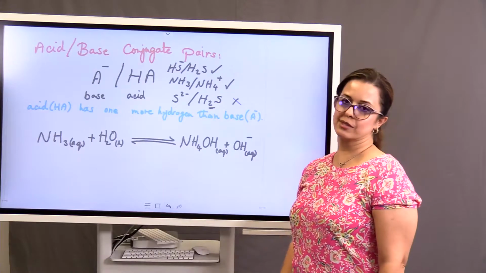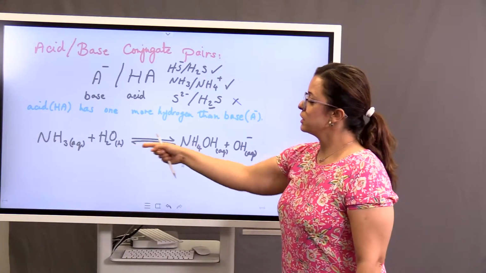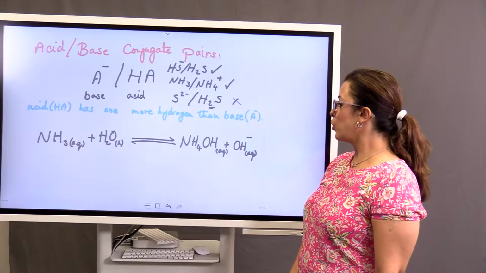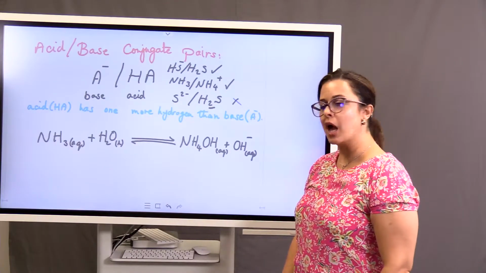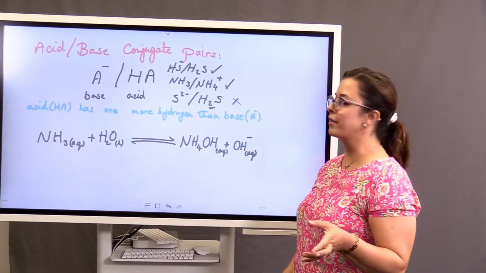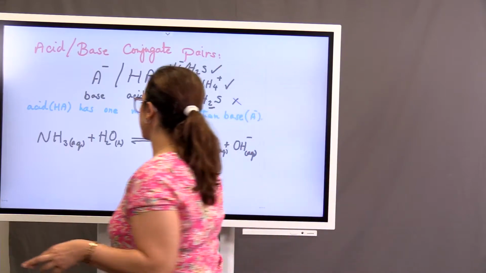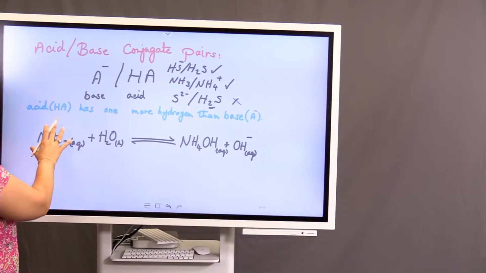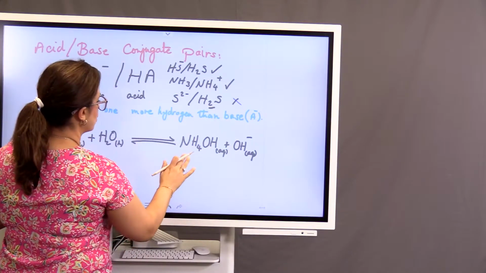Okay? Now, in questions on Bronsted-Lowry acid and base, normally an equation is given, and you're supposed to label the acids and bases on each side and then the conjugate pairs. So let's start. We need to compare the two sides of the equation. Go from NH3 to NH4OH.